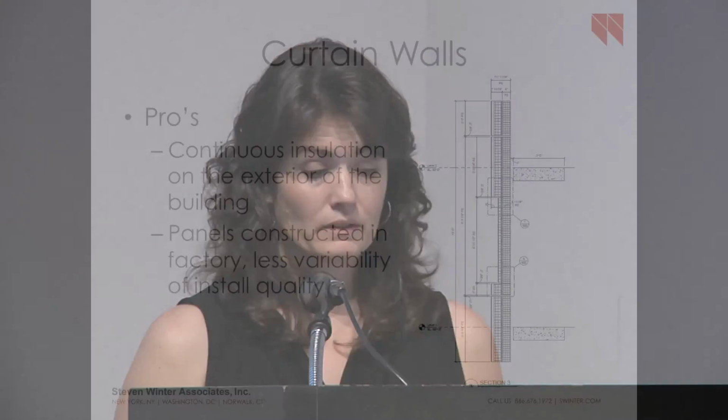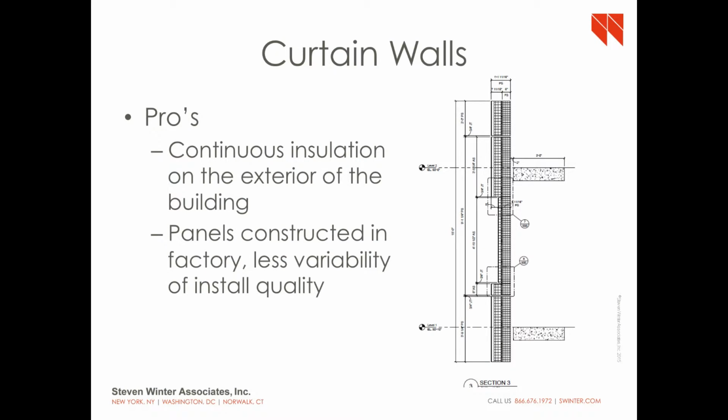And then the good thing is they're designed to span multiple floors, which is really key because these slabs, where they're hung, right, if you don't have continuous insulation past each one of those slabs, you have a thermal bridge at every floor, and that wouldn't be allowed. Okay, so you have to make sure you have continuous insulation somehow, and so really the simplest way in a high-rise is to use a curtain wall facade to get rid of that issue, but it doesn't get rid of all of the issues.